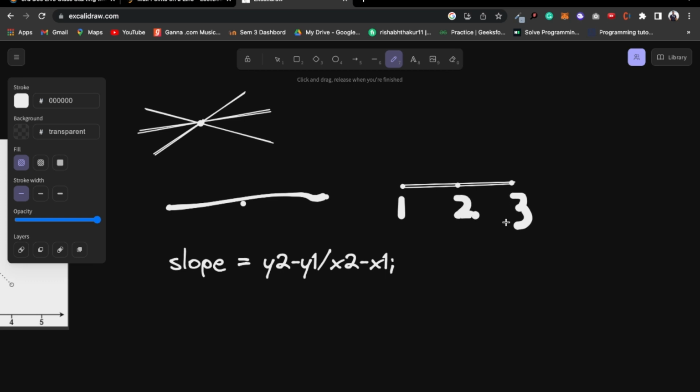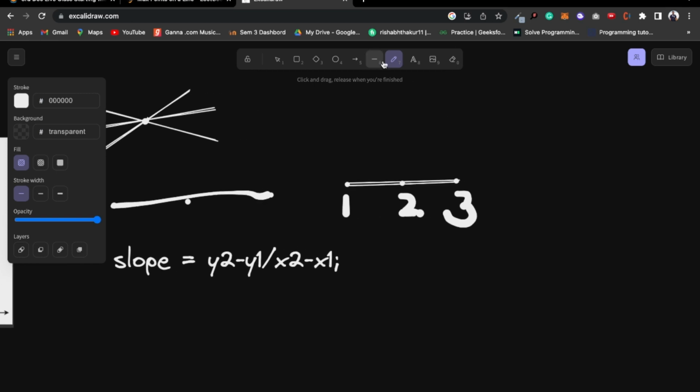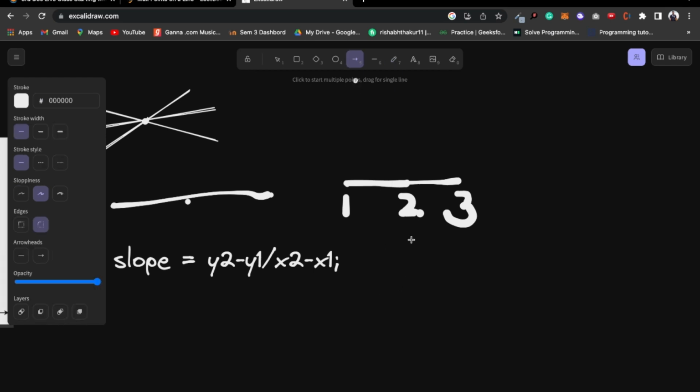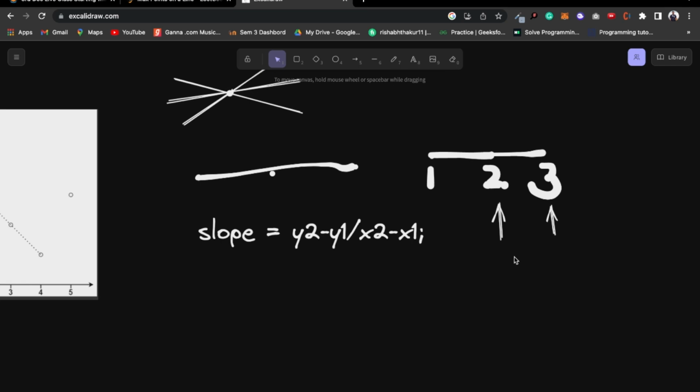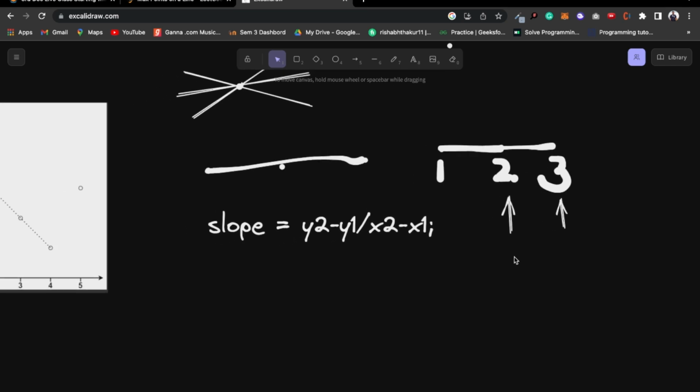If I draw a line from 1 to 2, and the same straight line from 1 to 3, the slope of both lines is equal. That means point number 2 and point number 3 are lying on the same line. That's the actual concept I wanted to tell you, and I'm pretty sure it is clear from that. We just have to calculate the slope from each point.